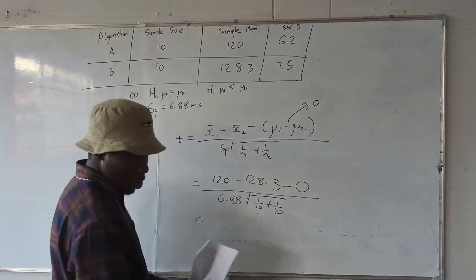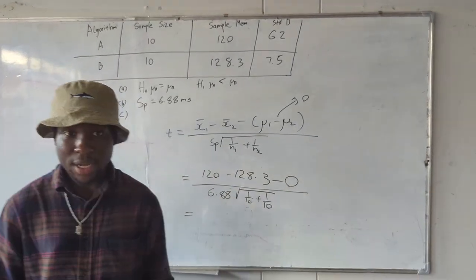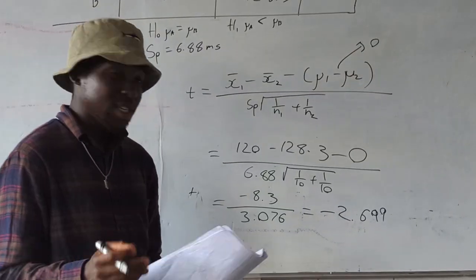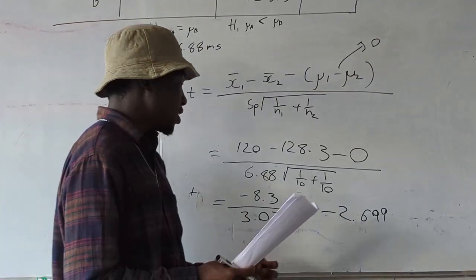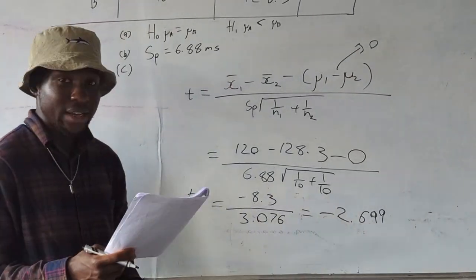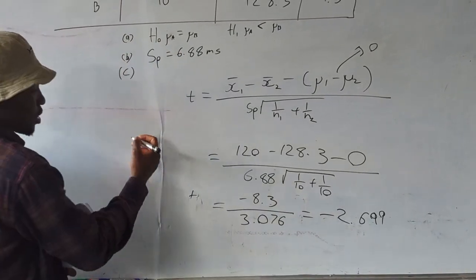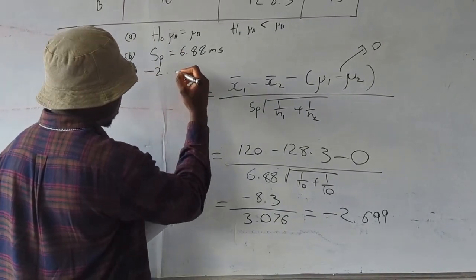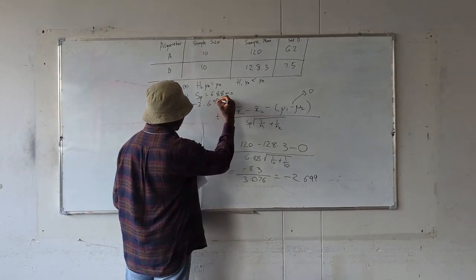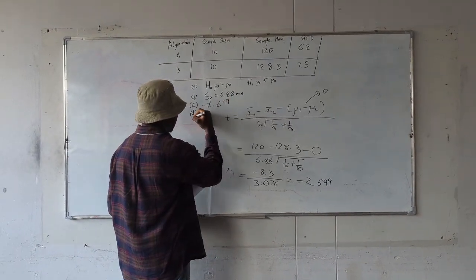If you punch that into our calculators, our t statistic is negative 2.699. Let's move on to D. So for C we got negative 2.699.